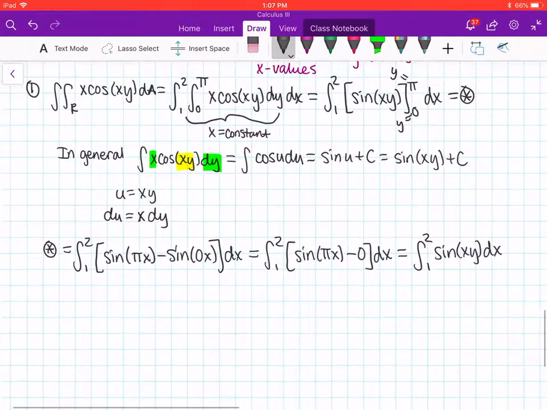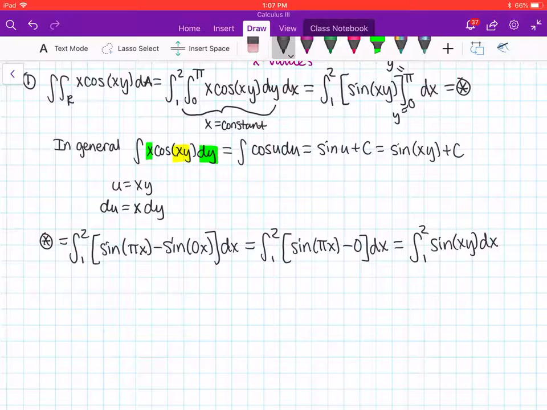Alright, so we have to continue on and integrate this. And same story, we have to do a u substitution still. Oop, inside my sine is just pi x, so I copied incorrectly. There we are.